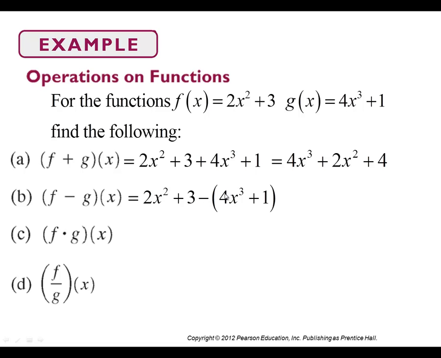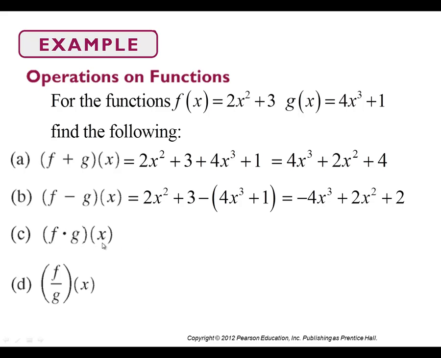So we end up with a minus 4x cubed minus 1. And so we get that minus 4x cubed, and then we get that positive 2x squared, but then we get the 3 minus 1, and that's 2. So that negative's got to get distributed, and so that becomes a minus 1, and so that's where we get the 3 minus 1 is 2.